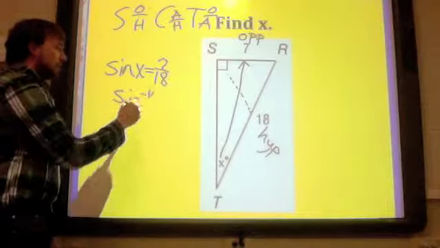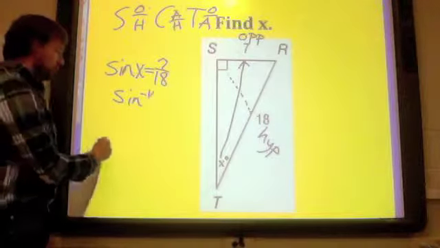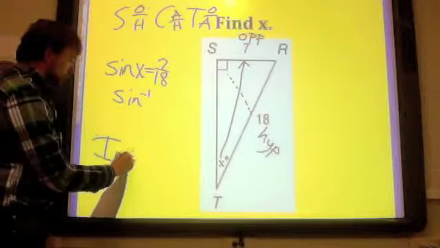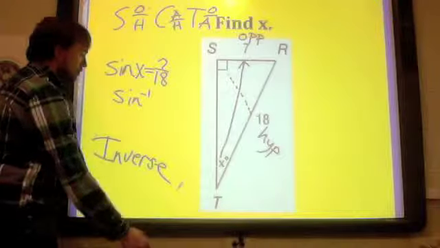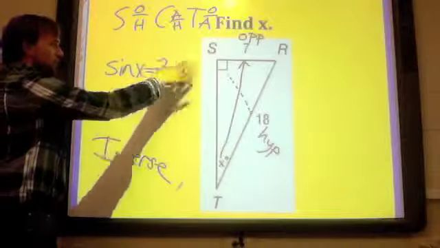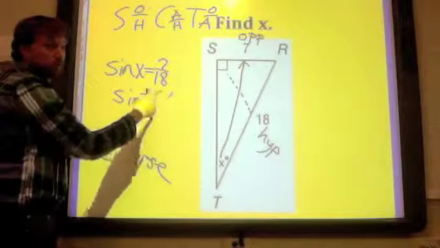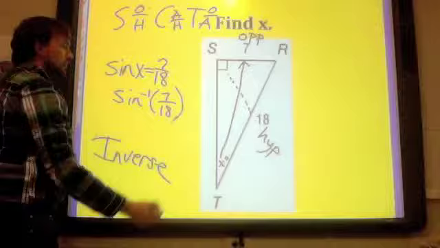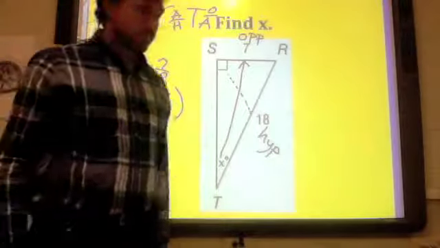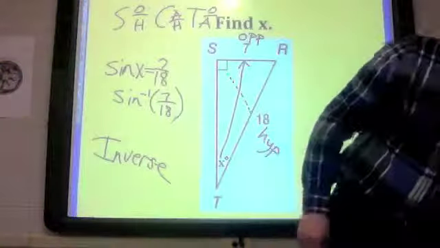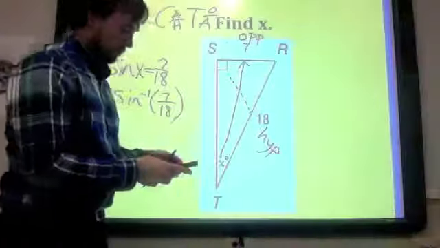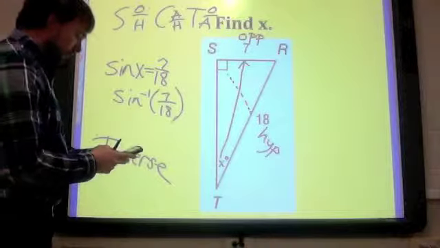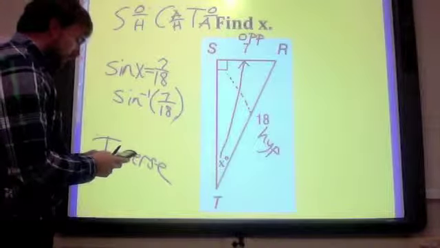Sine inverse. That's called the inverse. Sine inverse of whatever is on this side of the equal sign, which is 7 over 18. So put that in parentheses, 7 over 18. Get my handy dandy calculator here. Sine inverse of 7 divided by 18.